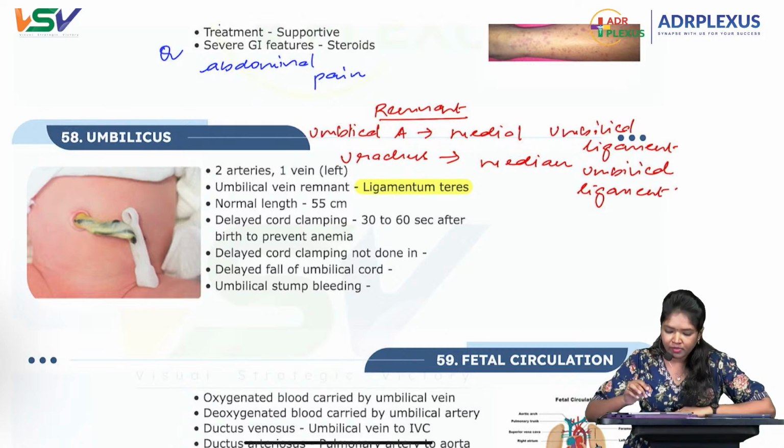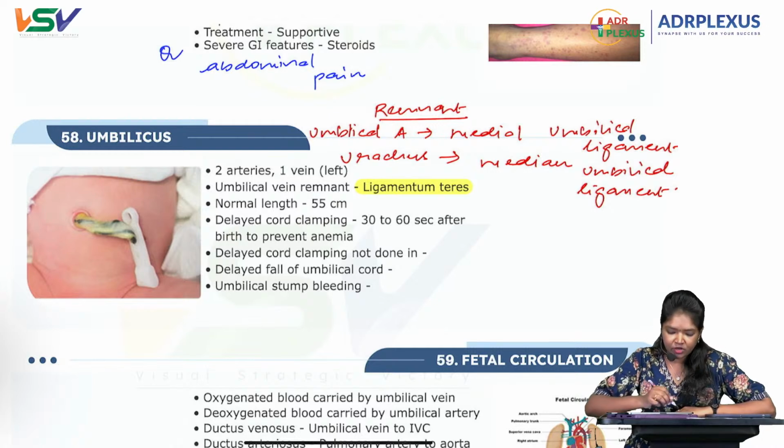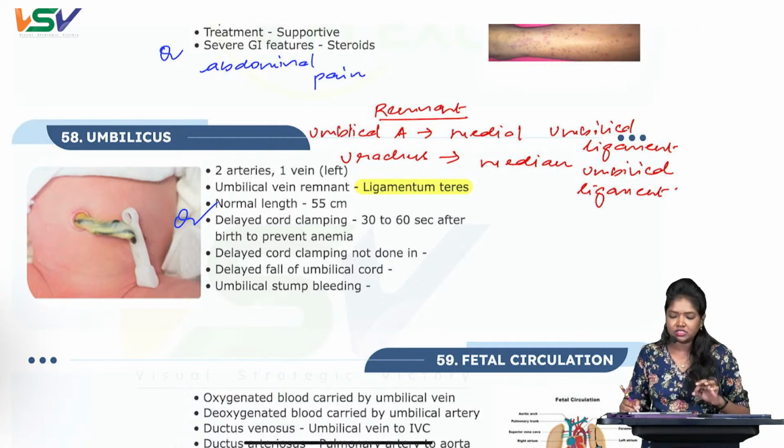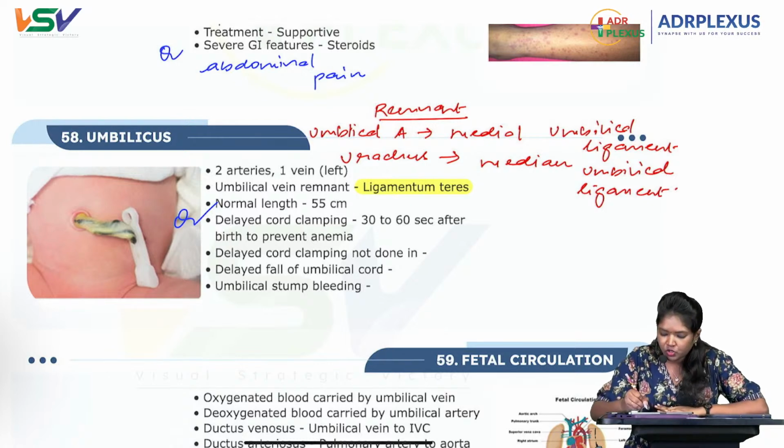Normal length of the umbilical cord at birth is 55 centimeters. What is delayed cord clamping? An INICET question. After 30 to 60 seconds after birth, you clamp the cord, that is called delayed cord clamping. It is used to prevent anemia in term babies. What about preterm babies?